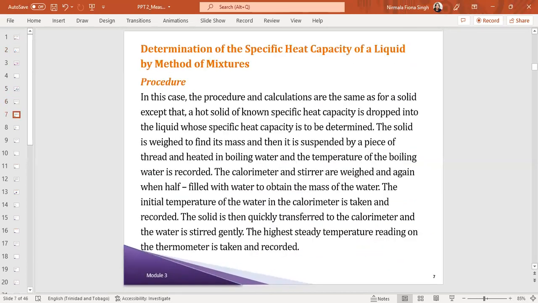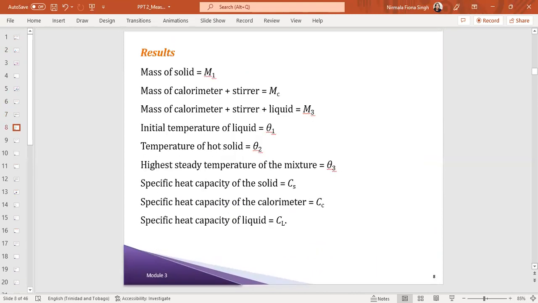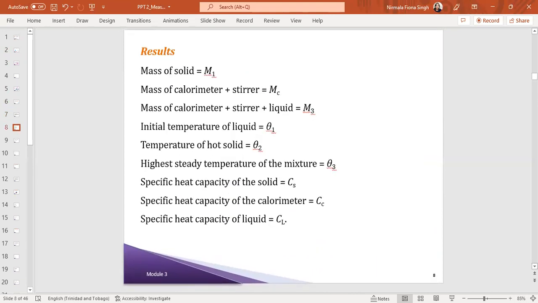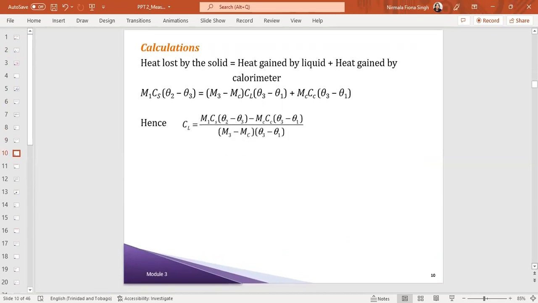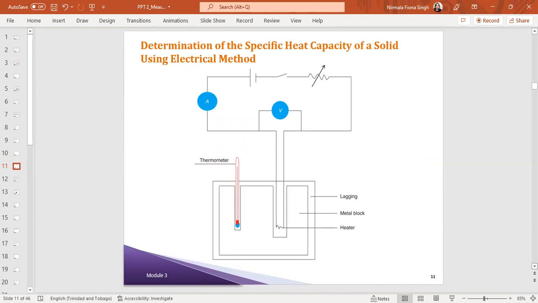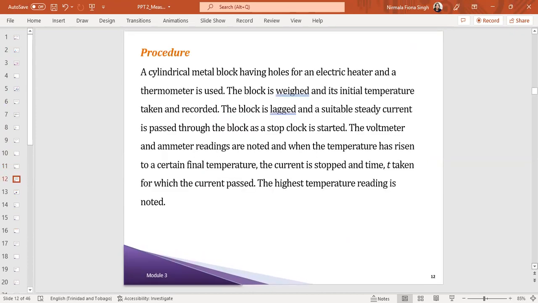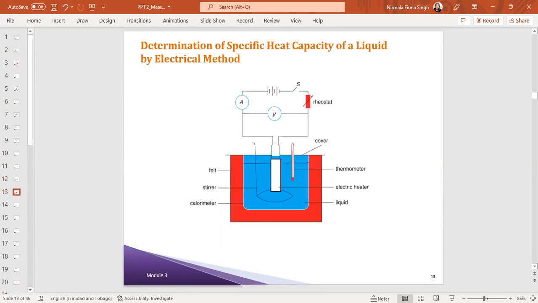All right, moving on. Okay, that's what we just did, same thing. We have the electrical method, which I encourage you all to read. Try it yourselves. Here we just use a little bit of electricity to work out our stuff.